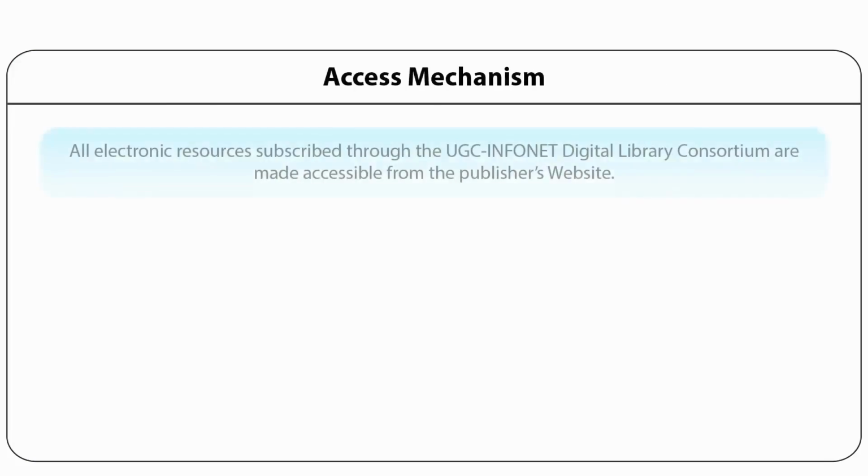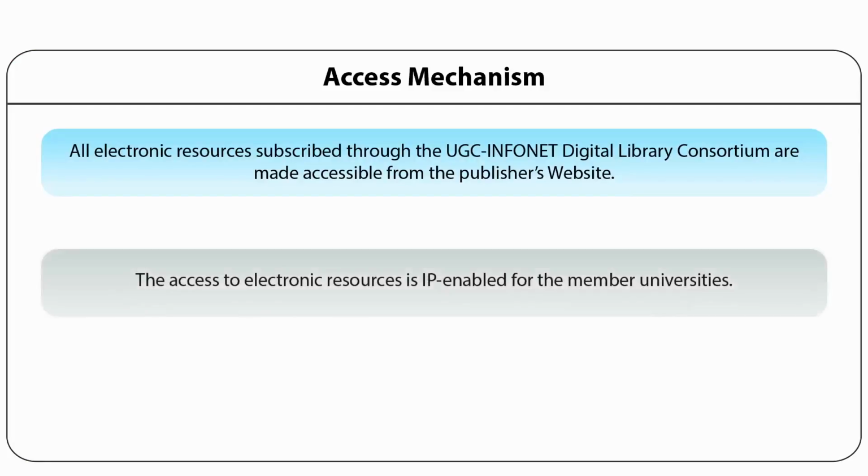Selections were made on usage or suitability of e-resources to universities. Access mechanism. All electronic resources that are subscribed to UGC-INFONET Digital Library Consortium are made accessible from publishers' websites. The access to electronic resources is IP enabled for member universities.